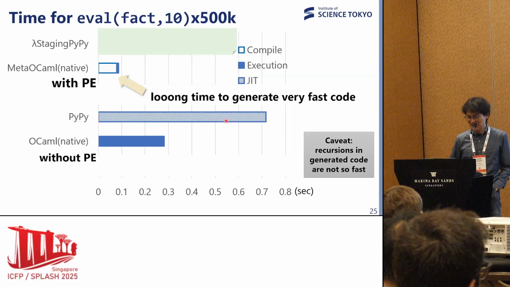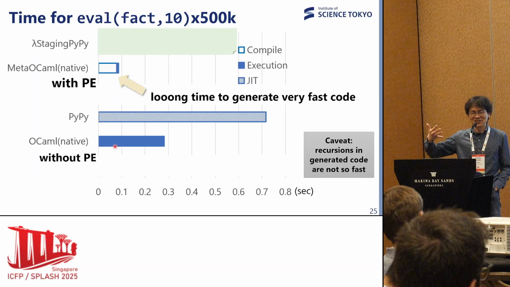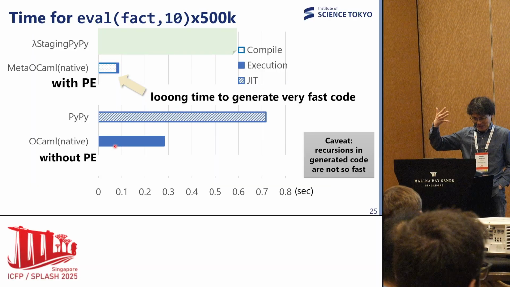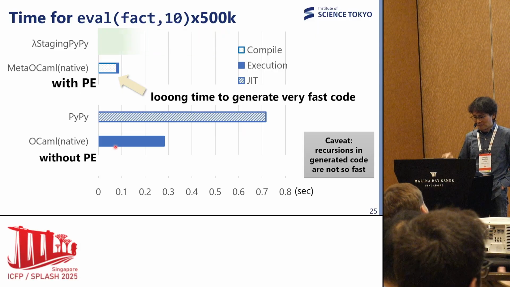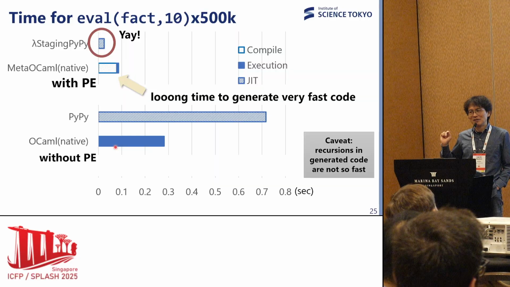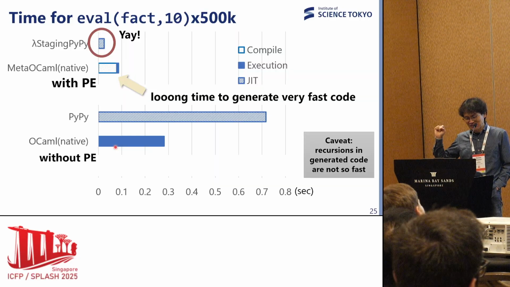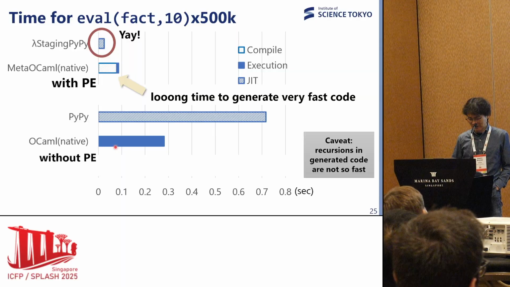PyPy is not as fast as OCaml if we execute by interpreters, but with the lambda staging, by using lambda closures, we get this performance, which is actually faster than MetaOCaml. Which is kind of nice.